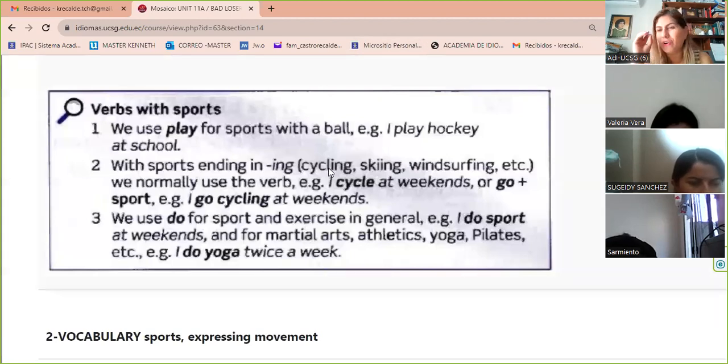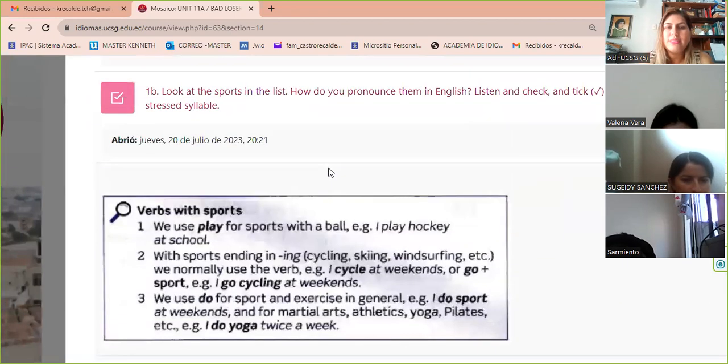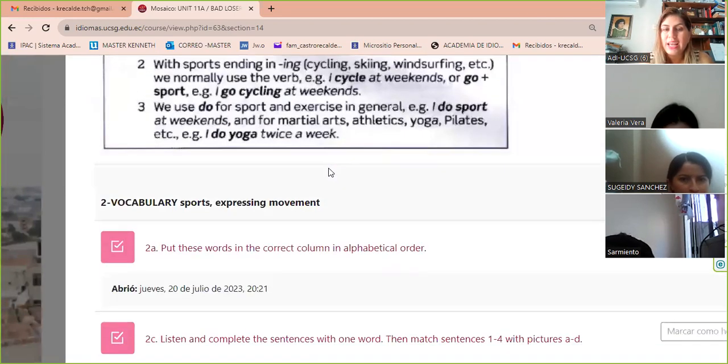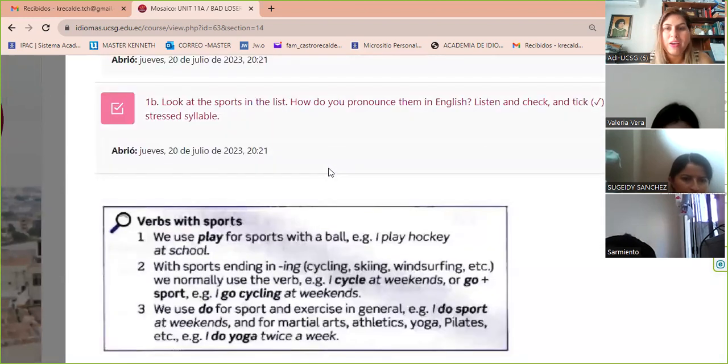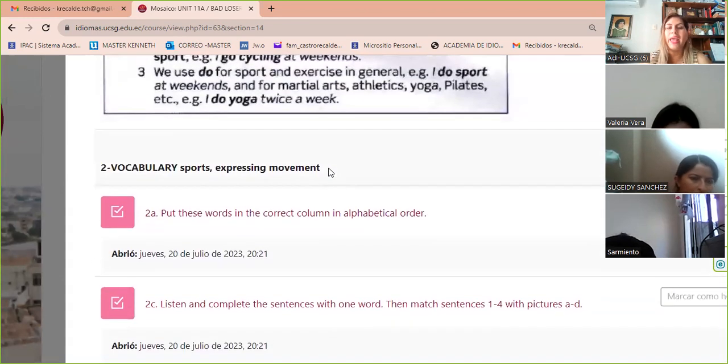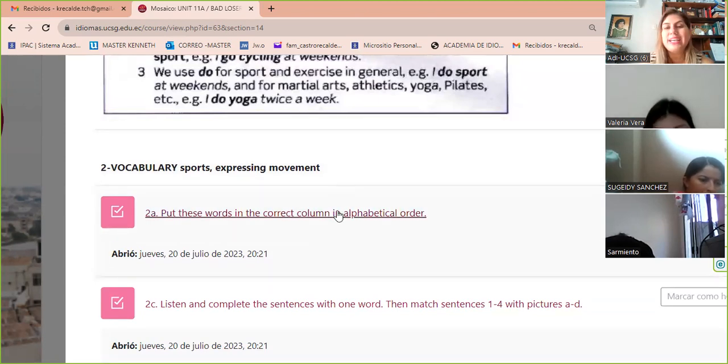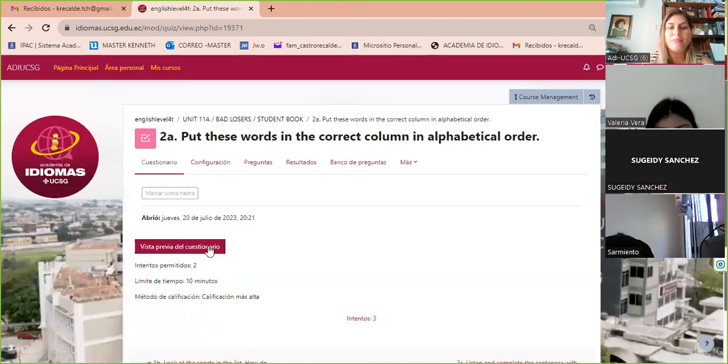Pay attention to the verbs that you use for each sport. Now, taking this into consideration, let's work on exercise 2A. Put the words in the correct column in alphabetical order. So let's see.